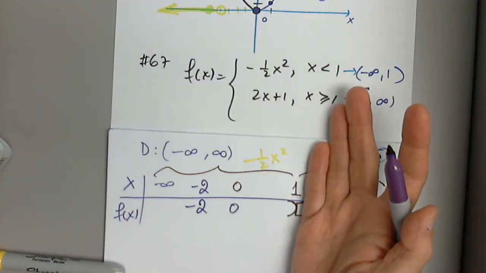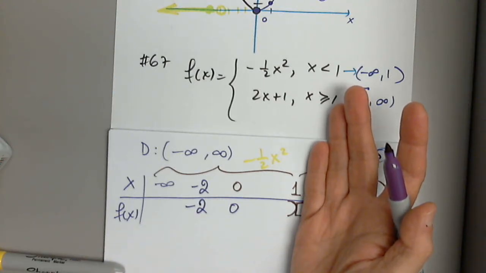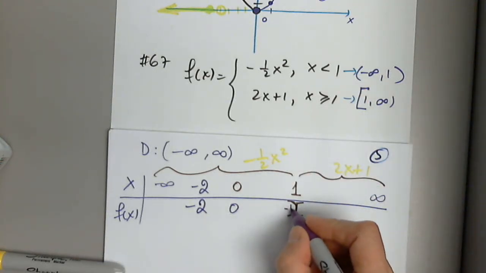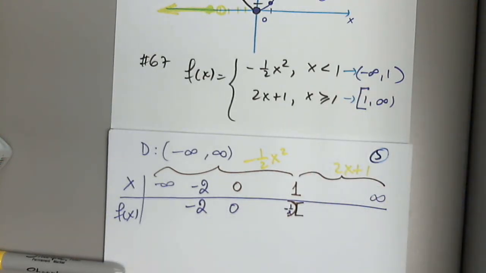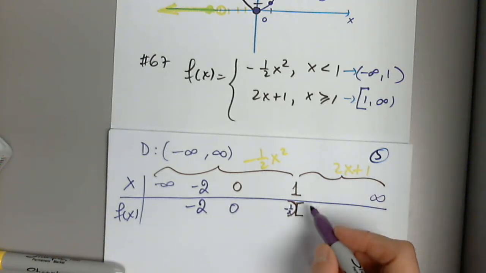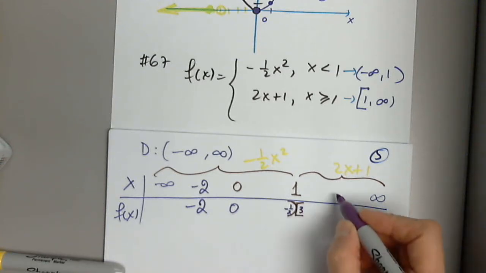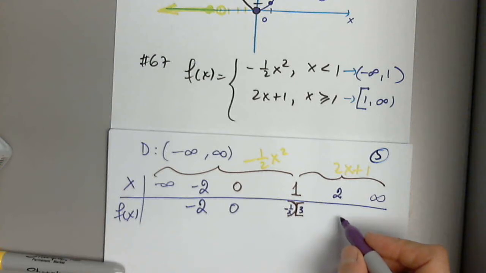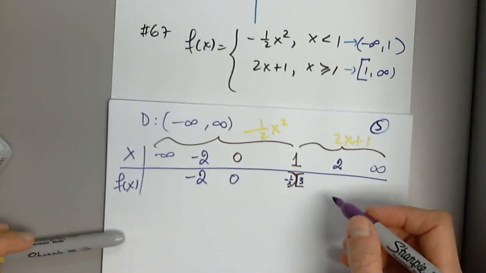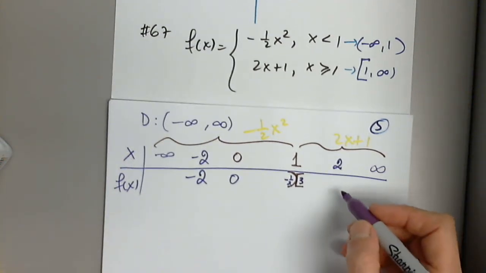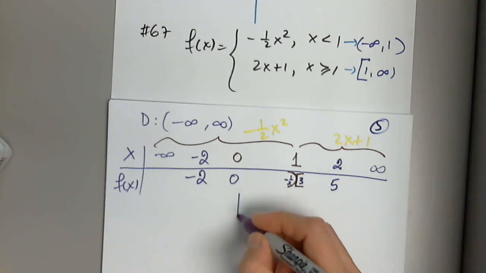Now let's plug in 1, although I know you are reluctant and you want to say no. Bear with me, and let's plug in 1. Inside the parenthesis, negative 1/2, right. On the other side, let's plug in 2, and please tell me inside the brackets, what do we get? Inside the bracket, we get 3. And let's also use 2, because it's a linear function. I need at least one more point. So I do get 5. That's all I need.